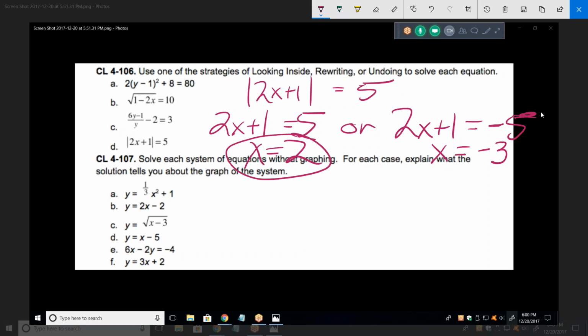So you almost always get two different values when you're solving an absolute value equation. And you'll notice that each one of them works. If I put in 2, I get absolute value of 5 equals 5. If I put in minus 3, I get absolute value of negative 5 equals 5, which is a true statement.